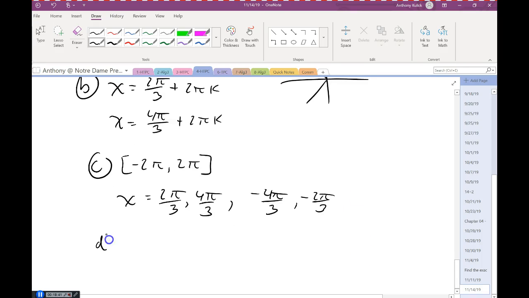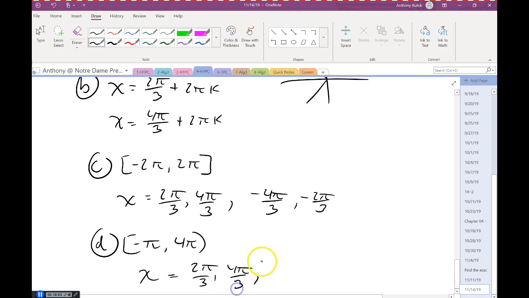And then for part D, we want from negative pi to 4 pi. So my answers for part A definitely need to be there. Some of my answers from part C need to be there. Negative 4 pi over 3 is too small. That's less than negative pi. But that one is okay. That one is bigger than negative pi, so that one should be there.